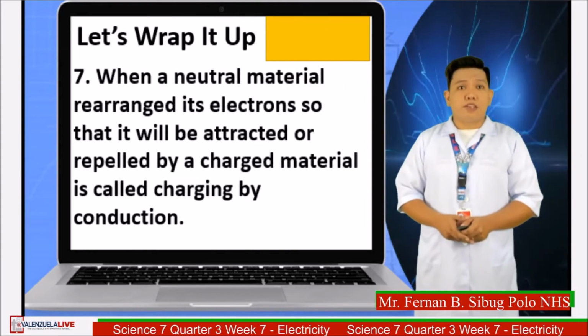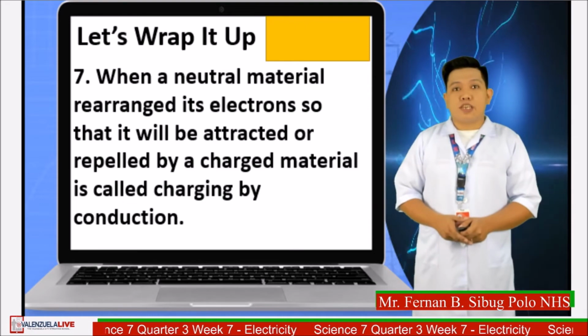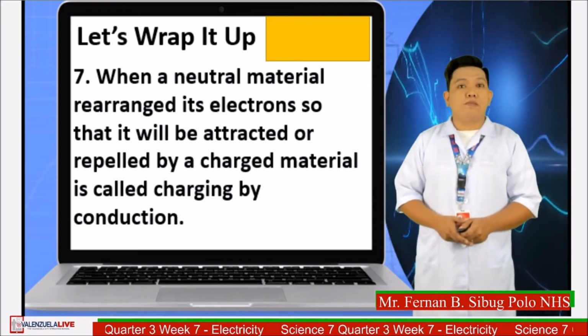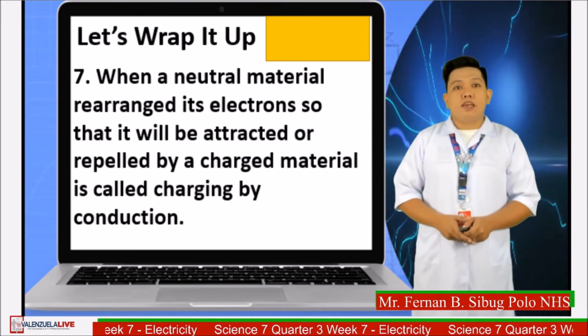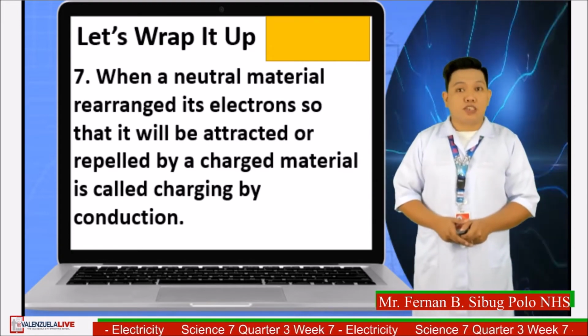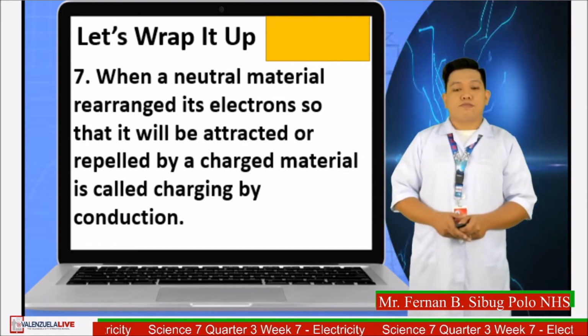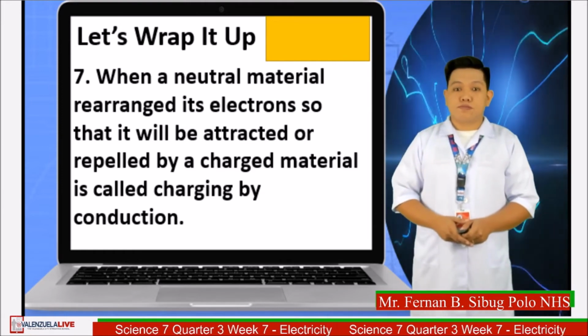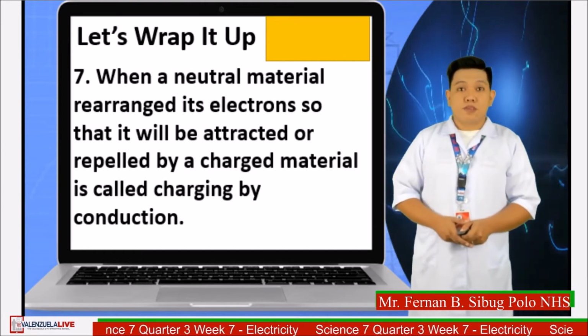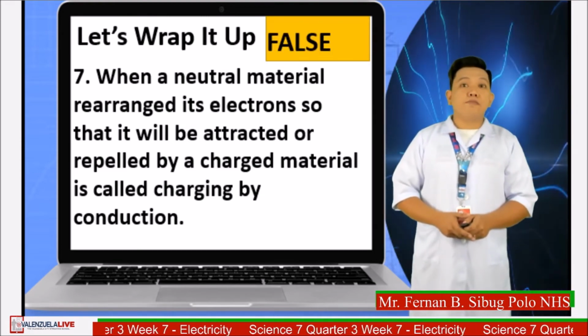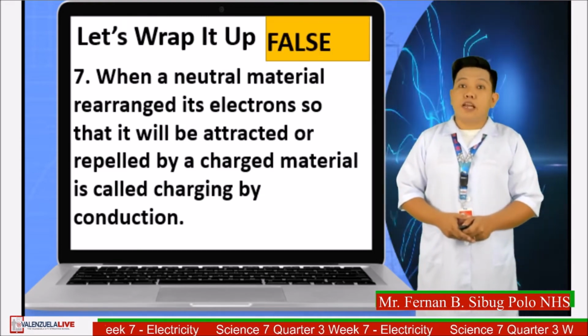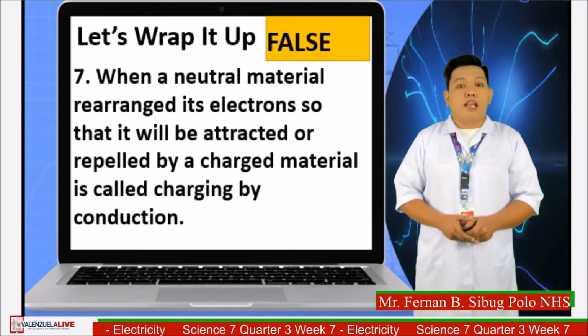When a neutral material rearranges its electrons so that it will be attracted or repelled by a charged material, it is called charging by conduction. The correct answer is false. Charging by conduction transfers electrons to the neutral material.